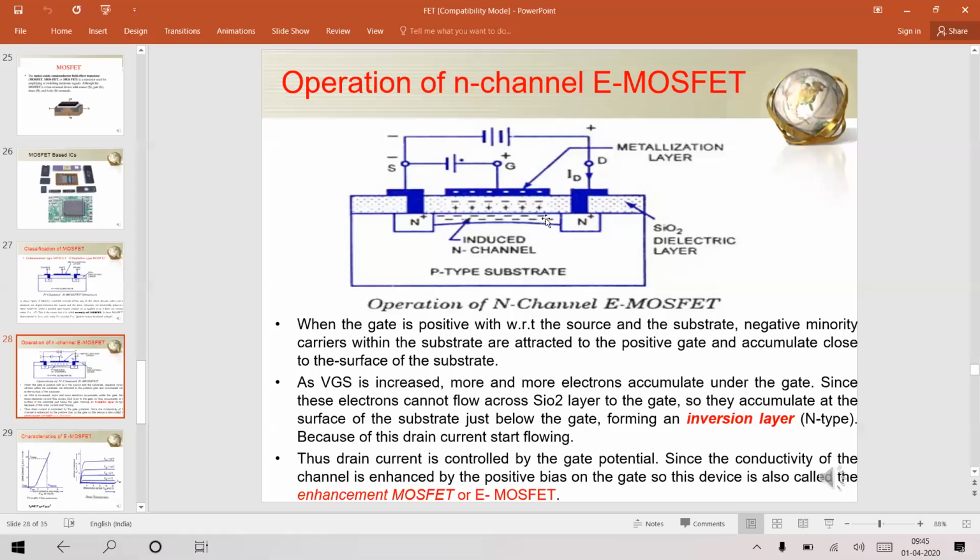They accumulate here, that is, electrons have accumulated here, establishing a negatively charged region called the inversion region or inversion layer.